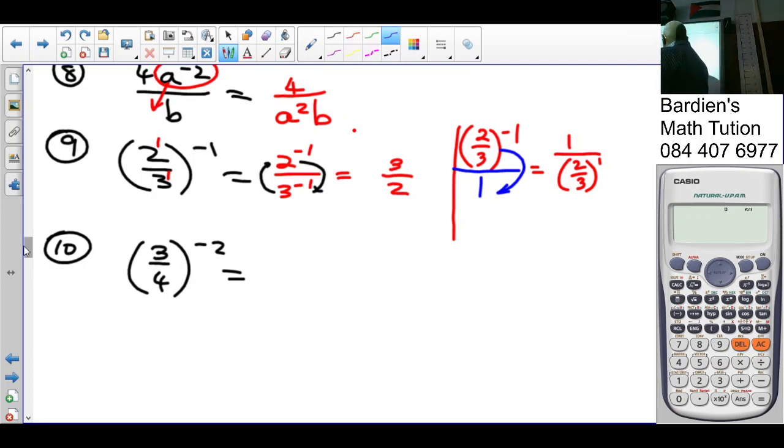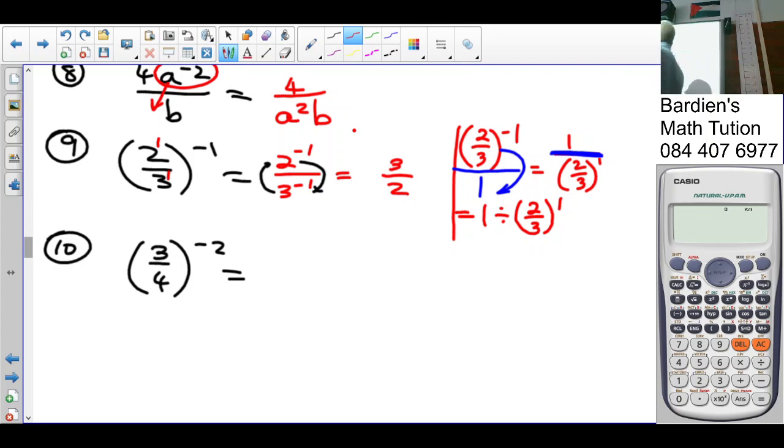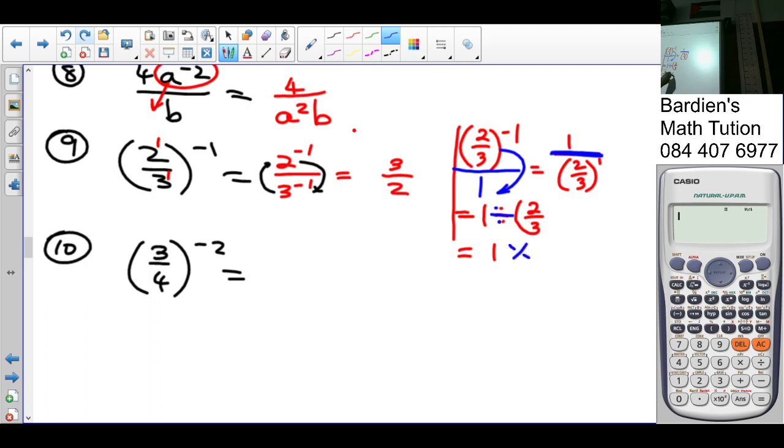No. Naturally, this is over. What does that mean? It says 1 divided by 2 over 3 raised to the 1. But that means nothing, not so? So what can I do? I can drop that. So I say it's 1 multiplied by 3 over 2. That's over 1, so that's going to be 3 over 2. You guys understand? Any confusion?